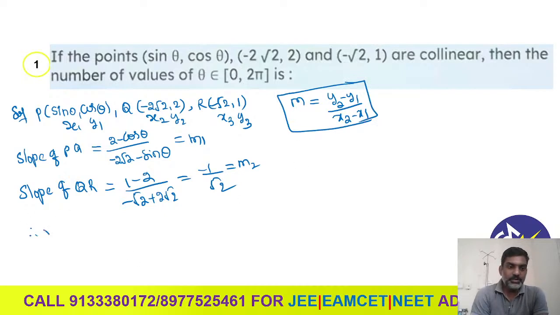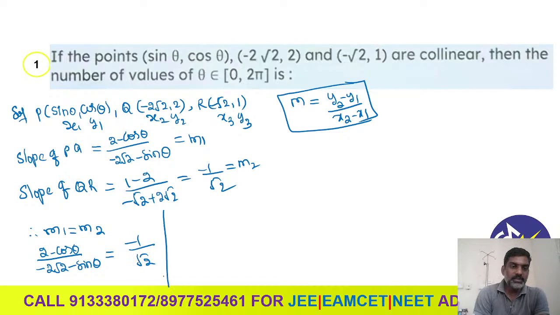Then, as the given points are collinear, m1 and m2 are both the same. So write m1 is equal to m2. 2 minus cos theta whole divided by minus 2 root 2 minus sin theta is equal to minus 1 by root 2.